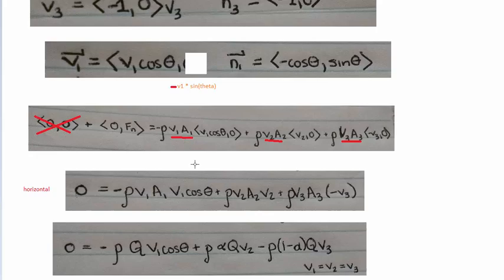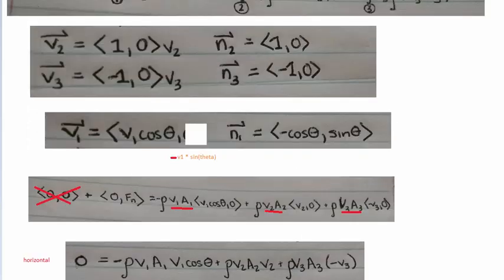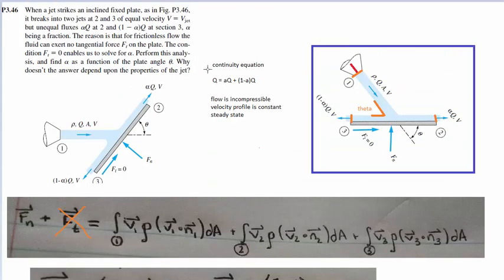I should be a little bit more careful. Not exactly Q, it's going to be in the form that we have of the continuity equation up here. So the inlet is going to have this flow, and each of the outlet points will have these, alpha Q and 1 minus alpha Q, as they're written over here.